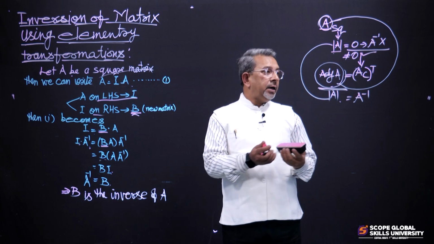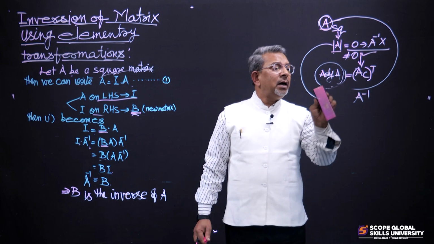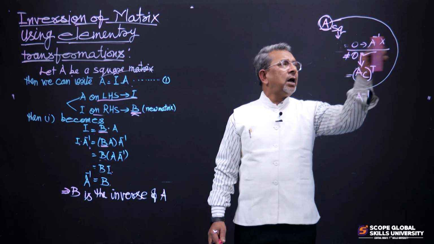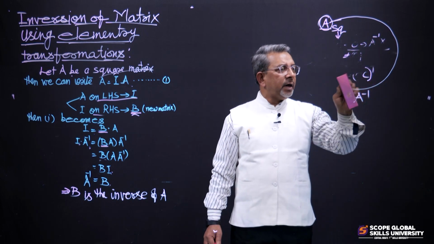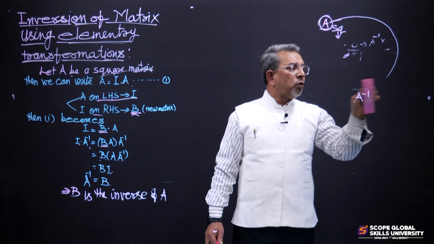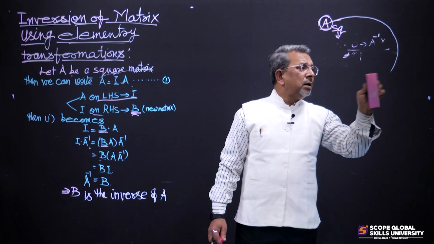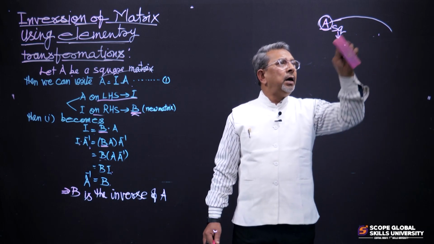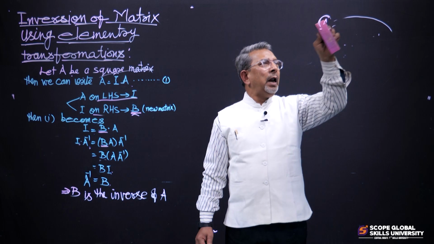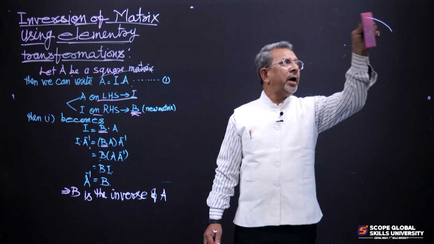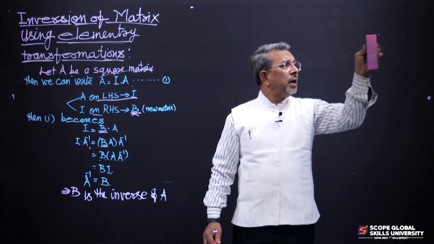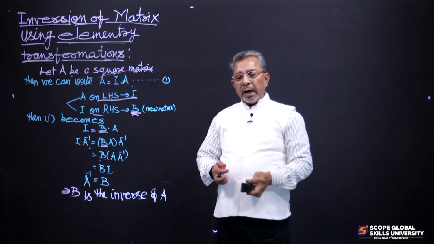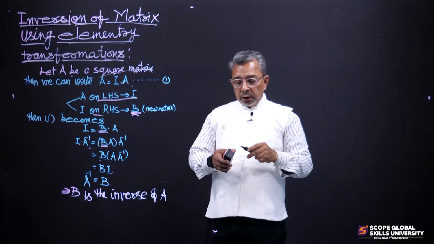So this method contains calculation of the matrix of coefficients, and the matrix of coefficients requires the values of different determinants of lesser order than the order of the given matrix. It is time consuming. That's why we are utilizing a new method here.